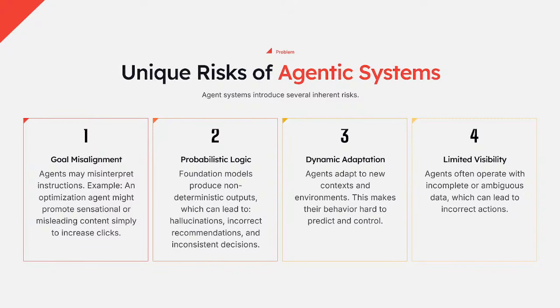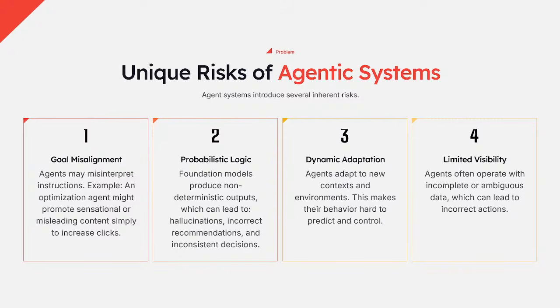And then you have probabilistic logic. Foundation models are probabilistic in nature, so they have non-deterministic output, which can lead to hallucination, incorrect recommendations, or inconsistent decisions in the system. So this can introduce other risks as well. Then we have dynamic adaptation, where agents adapt to new context and environment.